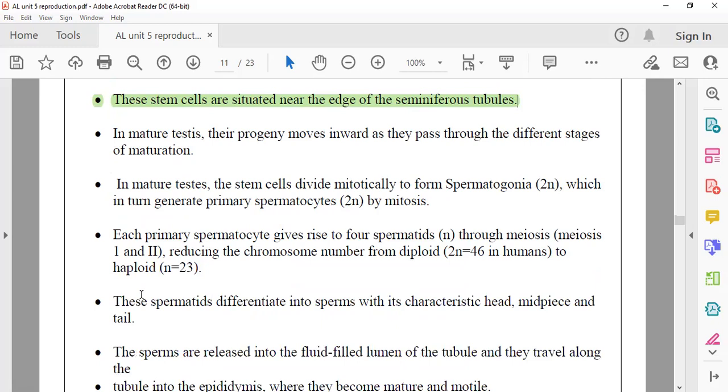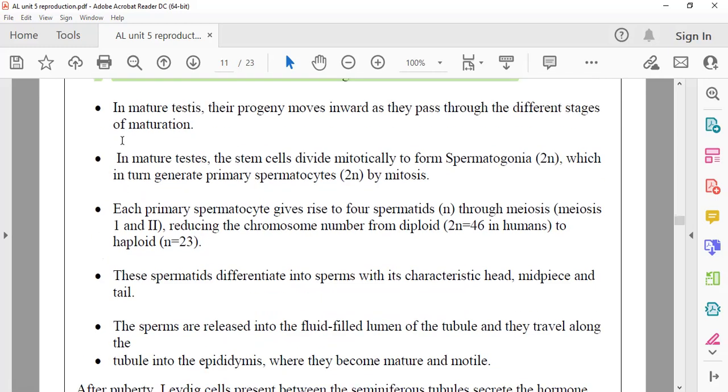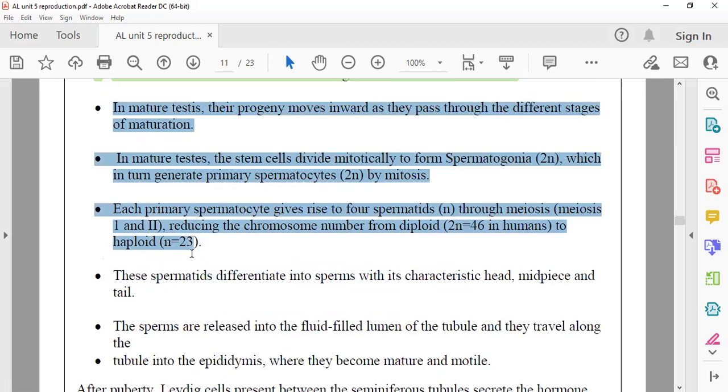Mature testes. What are the changes going on? You can read and see what I have told.